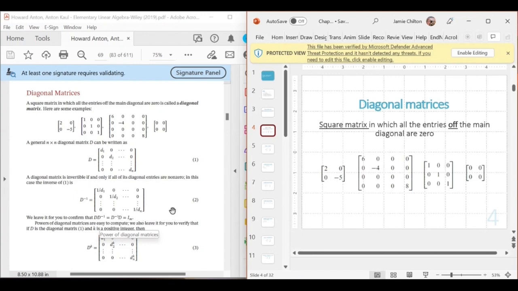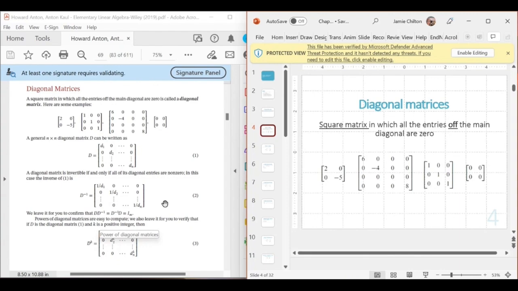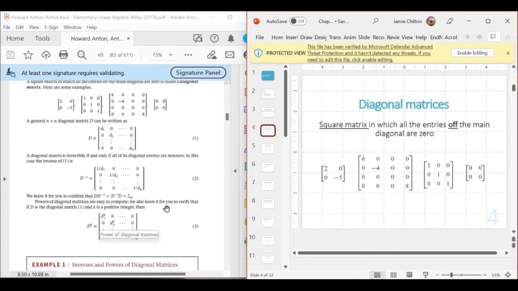That's a real quick manipulation. The other thing is you can also do powers of diagonal matrices. If you have a diagonal matrix raised to a power, all you have to do is take the entries along the diagonal and raise those to the same power.